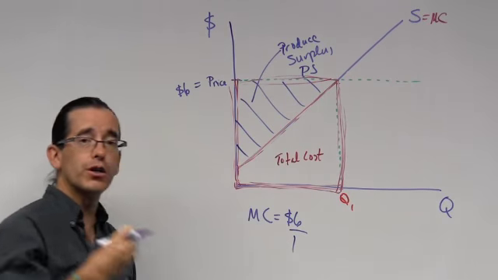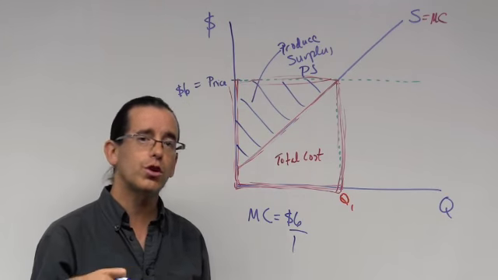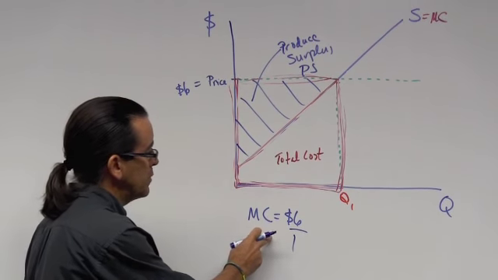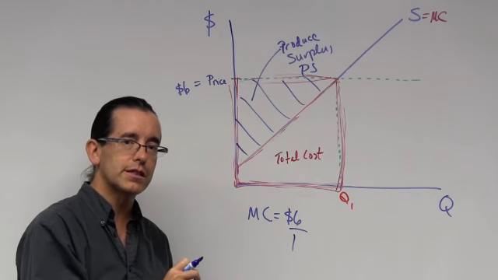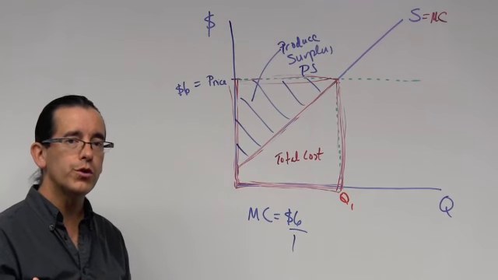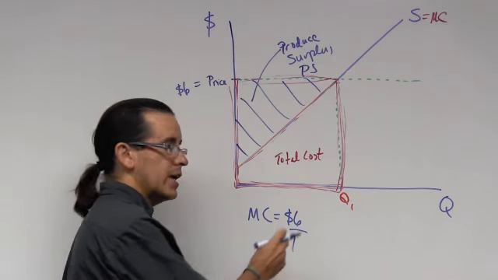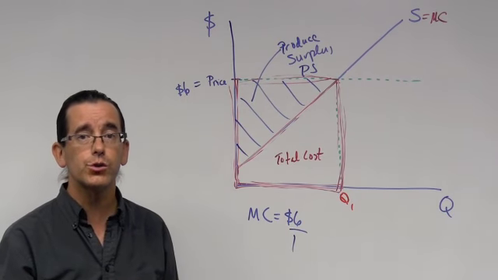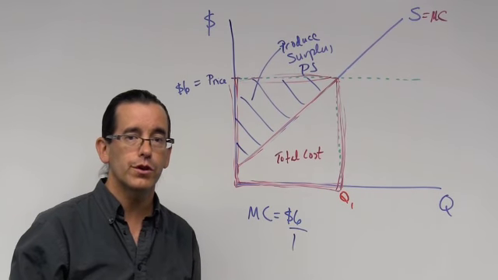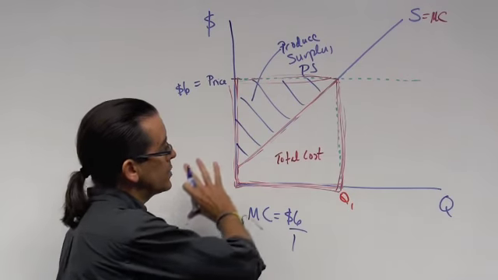Because the marginal cost tells us the change in total cost as we increase production by 1 unit, if the marginal cost is $6 and we increase our production by 1 more unit, we're going to have to expend $6 in additional resources to produce that last unit of the good.